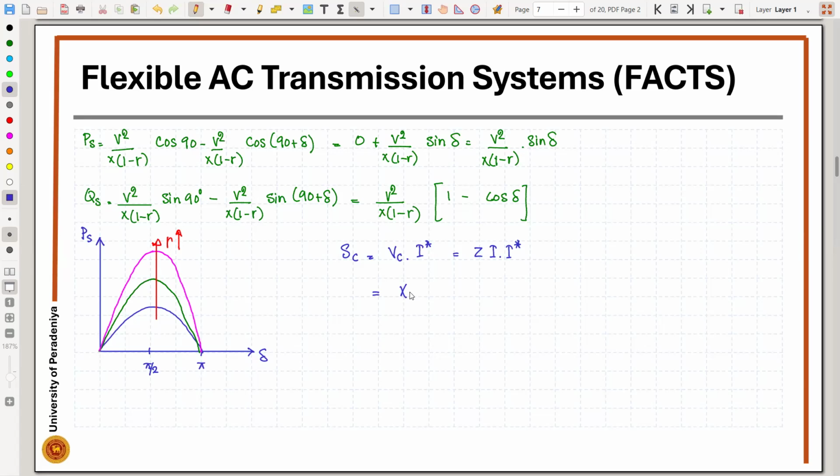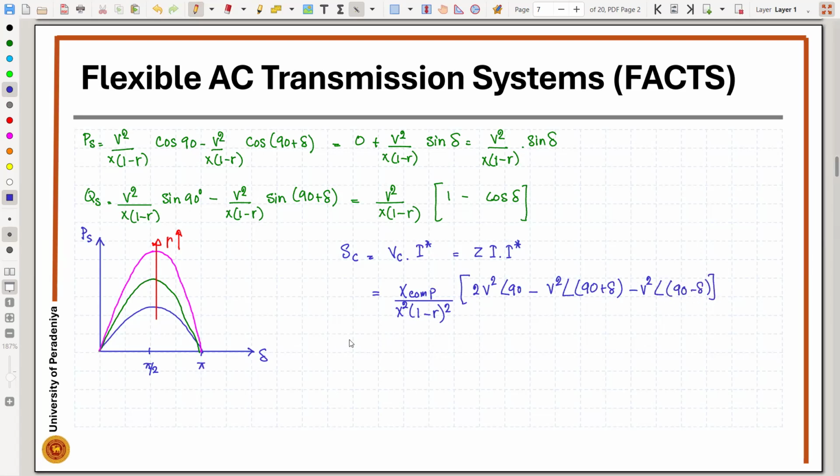So this you would get as X compensator divided by X squared (1 minus R) squared, times 2V squared angle 90 minus V squared angle 90 plus delta, and V squared angle 90 minus delta.